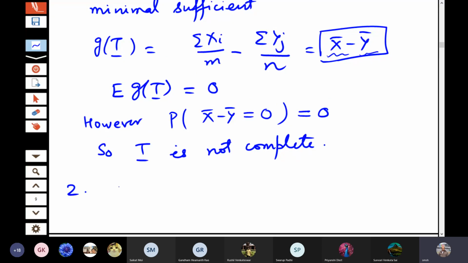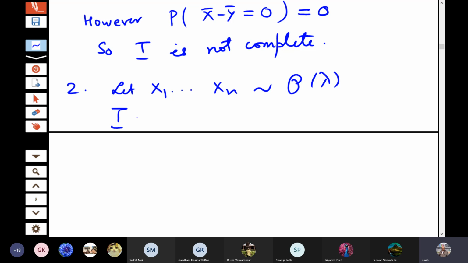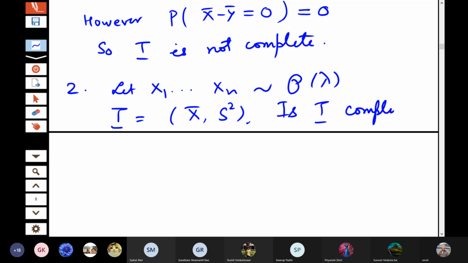So let me take this one. Suppose I consider x1, x2, ..., xn following Poisson(lambda), and I consider T as (x bar, s square). So can you check whether it is complete? Is T complete? In this problem, we have seen sigma xi is complete. Now I am writing x bar and s square both.